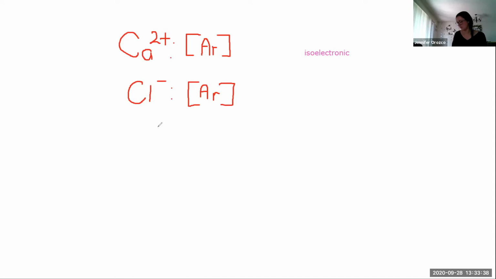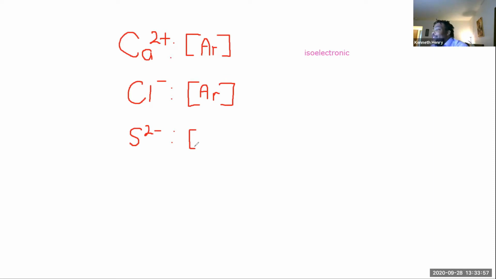S 2 negative, I guess. So why is the number in front of the negative and positive sign? It depends on the text, but most texts will write it with a number in front.